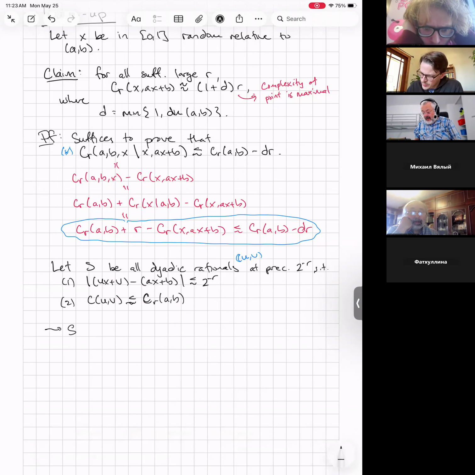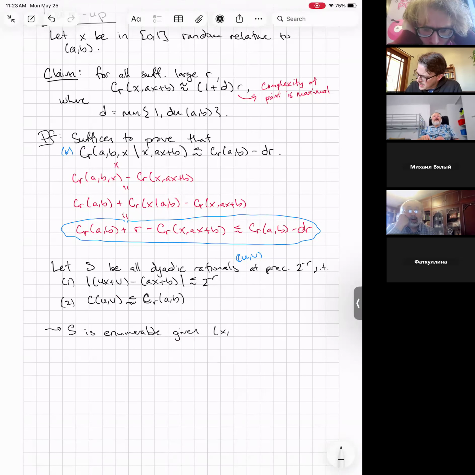So S is enumerable, given x, ax plus b. Here u and v are dyadic rationals.